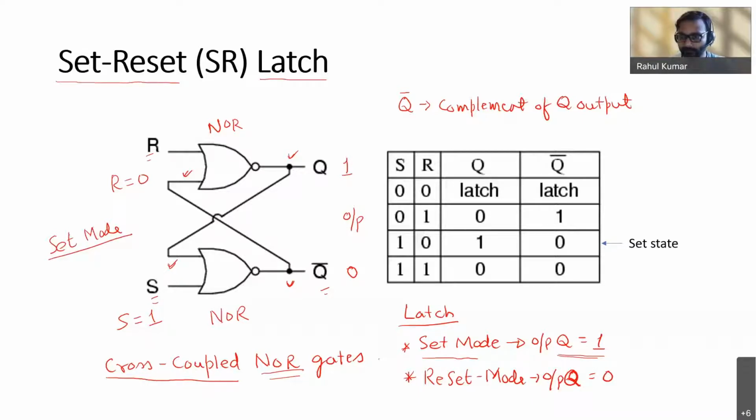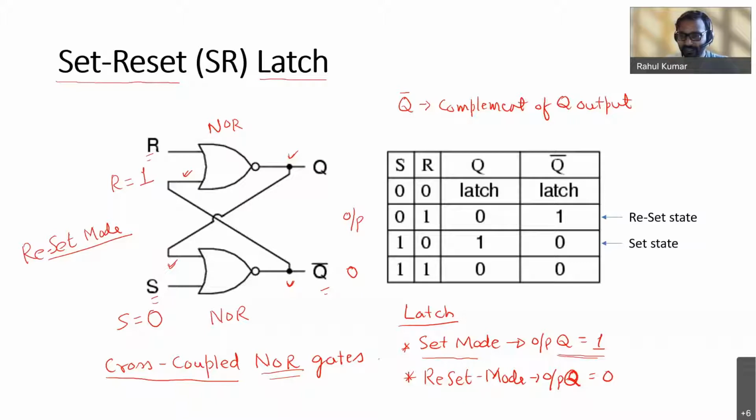If you want to operate in reset mode, the input R should be 1 and the input S should be 0.